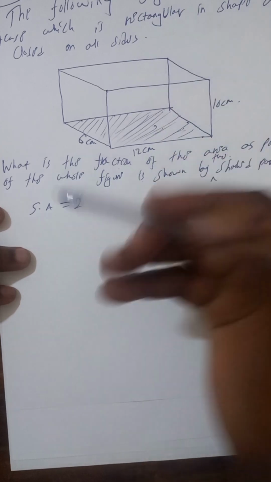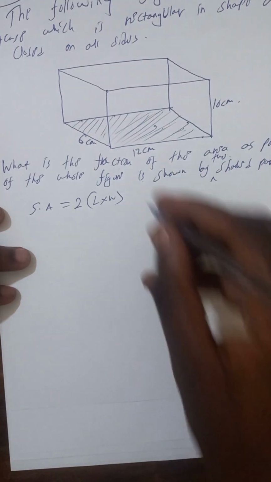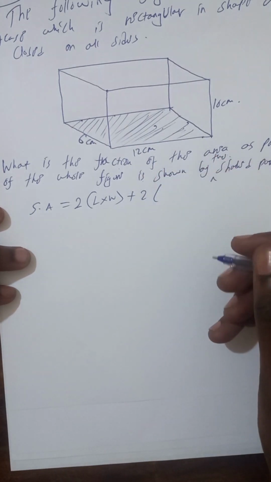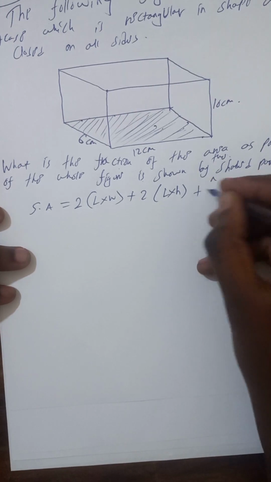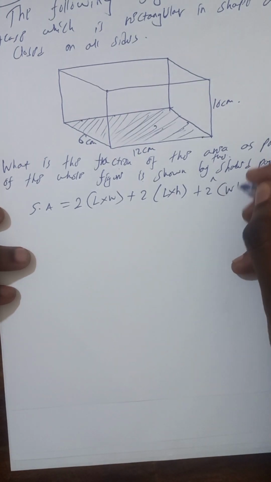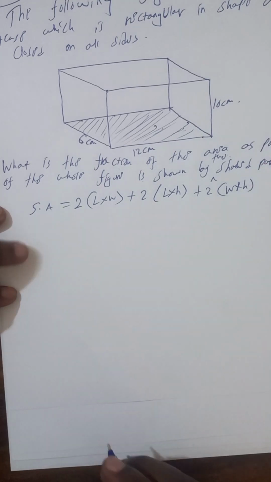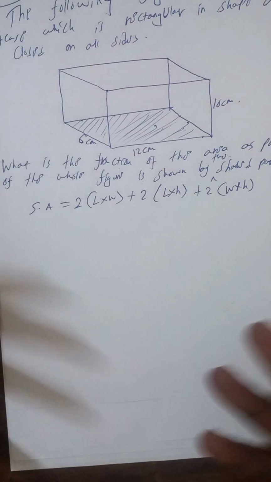So it is 2 bracket length times width plus 2 bracket length times height plus 2 bracket width times height. So just fill in what you've been given. That's the first thing that you do.